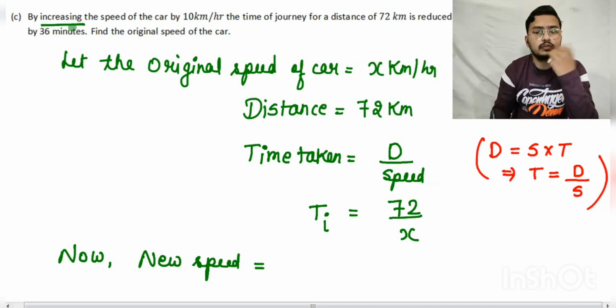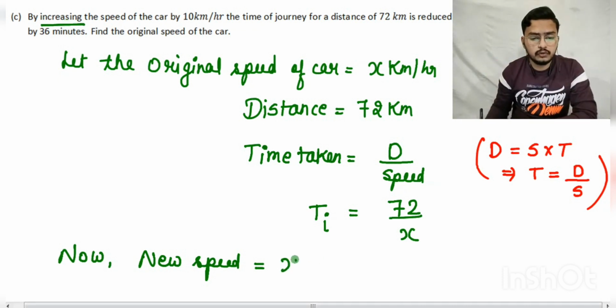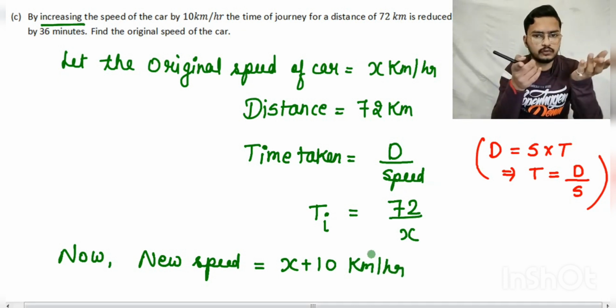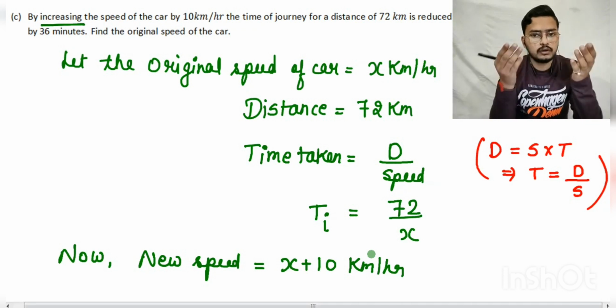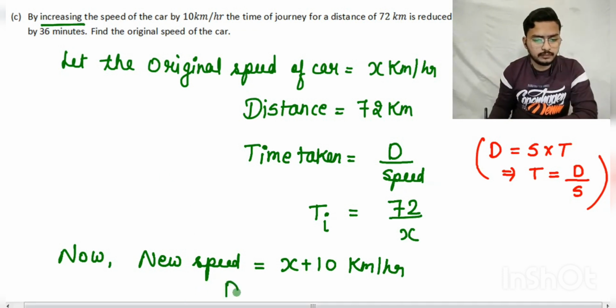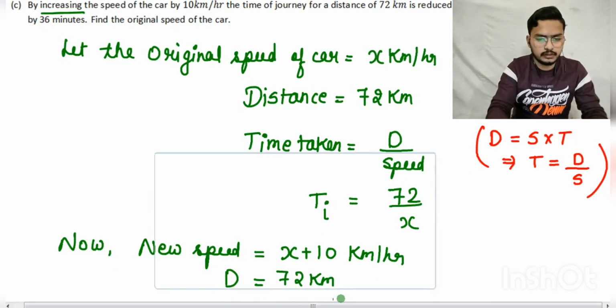Because the question says the speed of the car is increased by 10 kilometers per hour, the new speed will become x plus 10 kilometers per hour, because the original speed is x. The distance is the same, 72 kilometers.